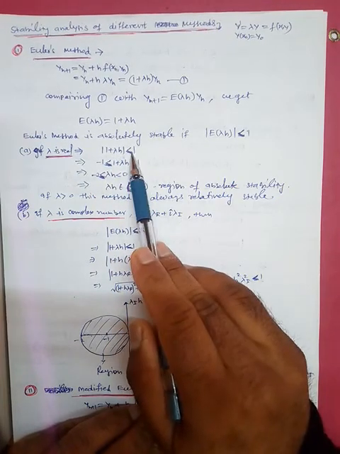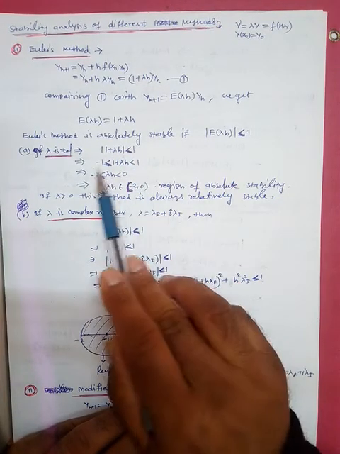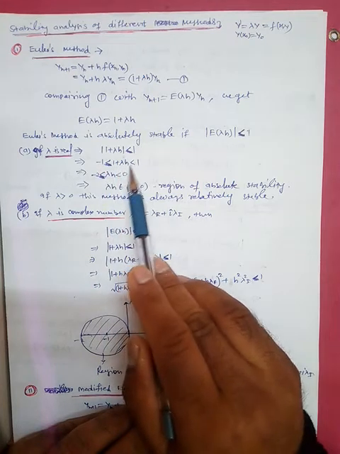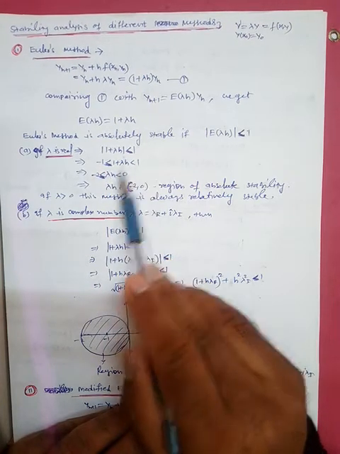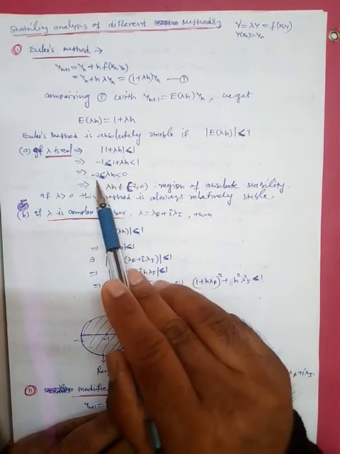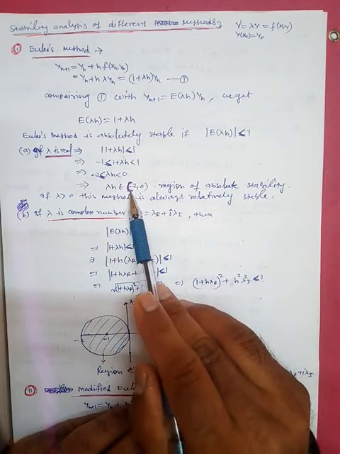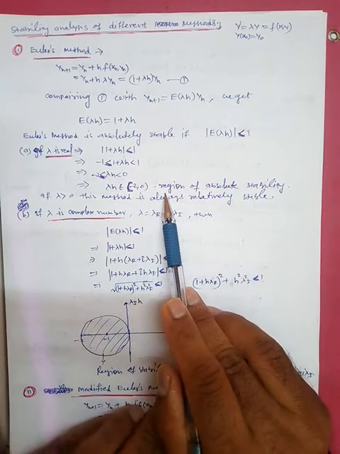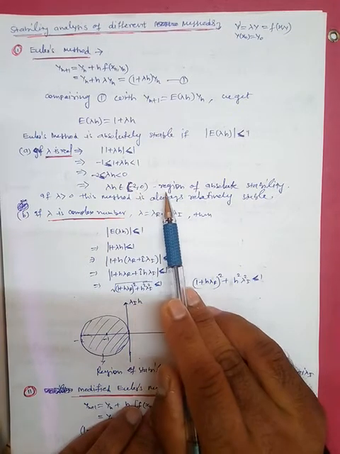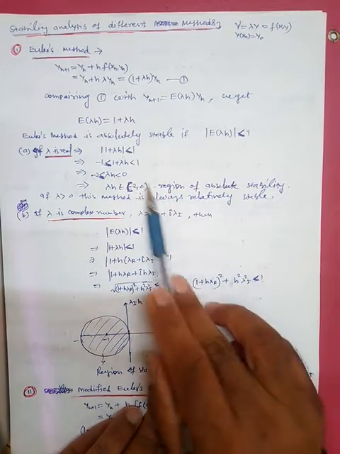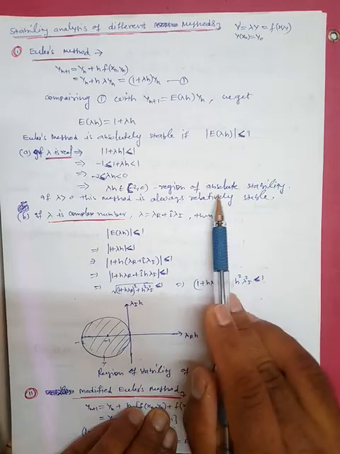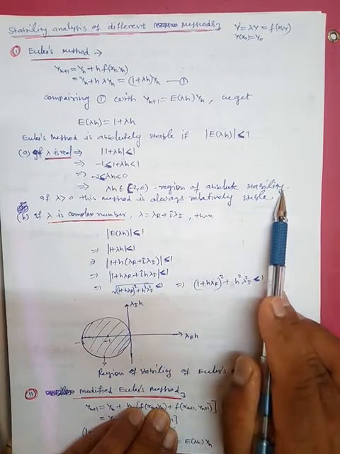Opening this, we get the inequality -1 < 1 + λh < 1, and hence λh varies from -2 to 0. So λh belongs to the interval -2 to 0. This is the region of absolute stability.